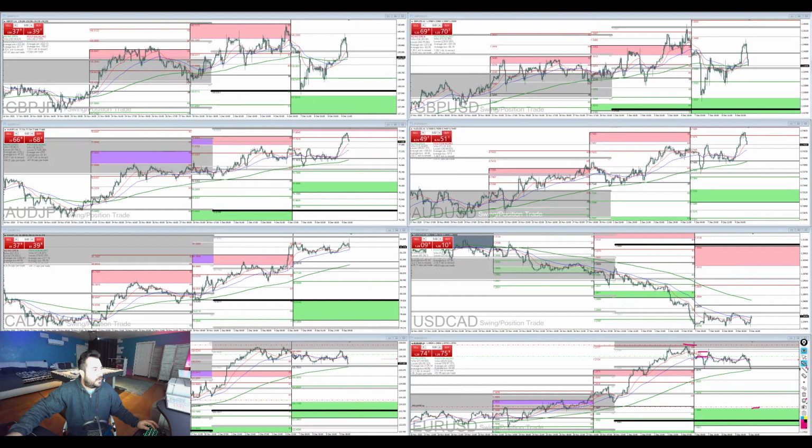We sold it right here. As soon as we made a go for central pivot, I moved the stop to just above there, and my target's right down here. What I would love to happen for this is a slow bleed down, and then next week have a target that's even lower, and then eventually hit that target.